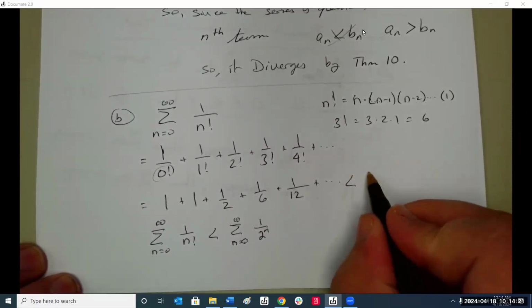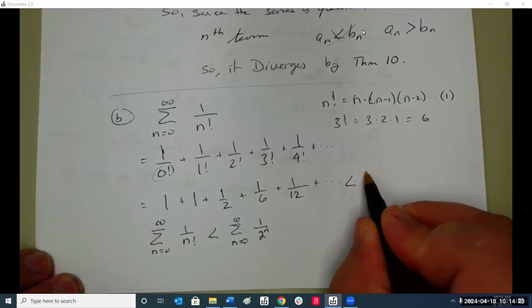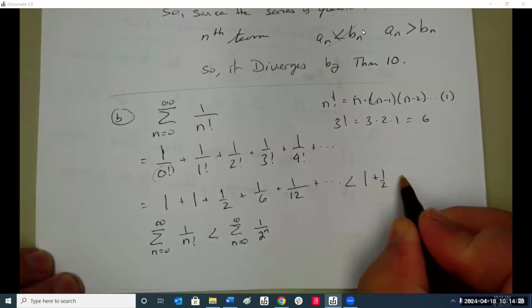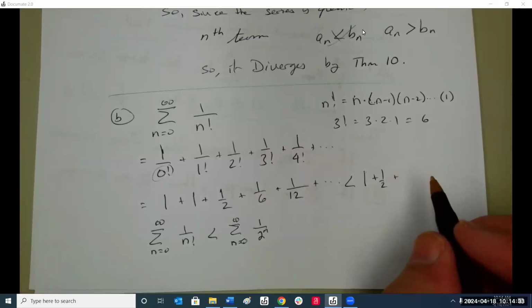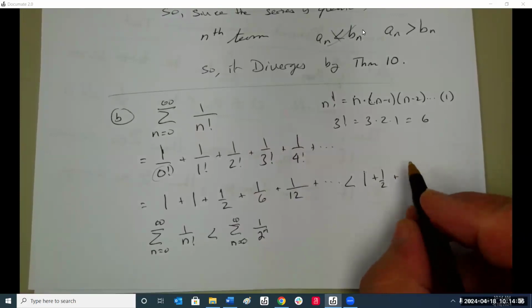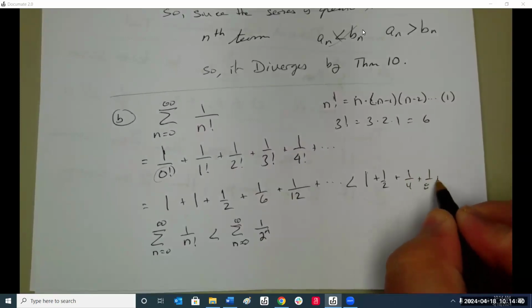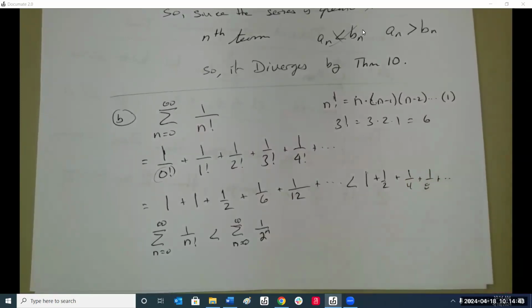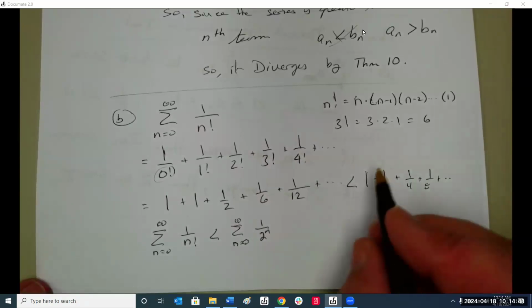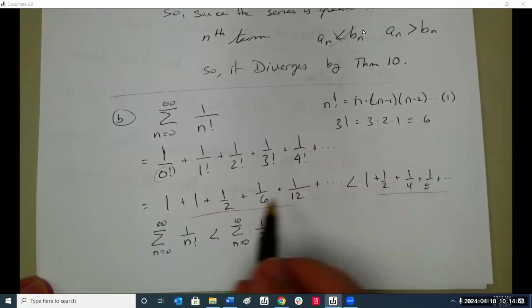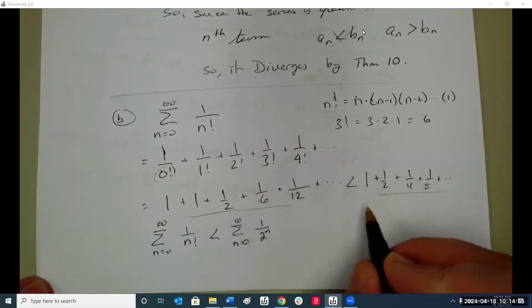So each of these values, in 0, it's 1, 1 over 2, this is bigger than that.